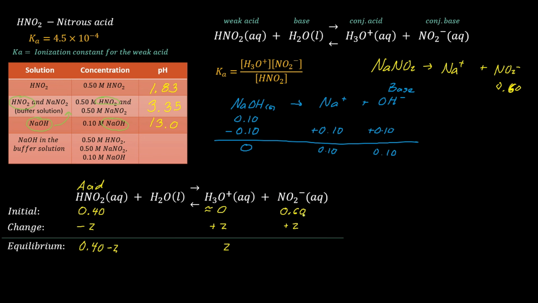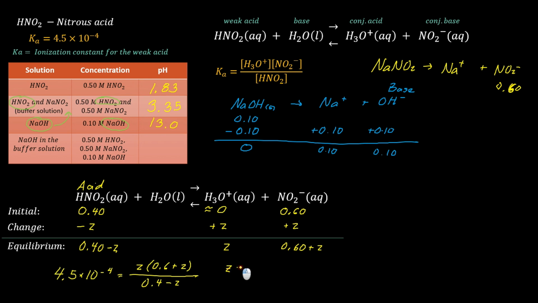Nitrite ion, the amount of nitrite present here is more than before as a result of the acid-base reaction, because in an acid-base reaction, salt is produced. We will be solving for Z. This is another quadratic equation.